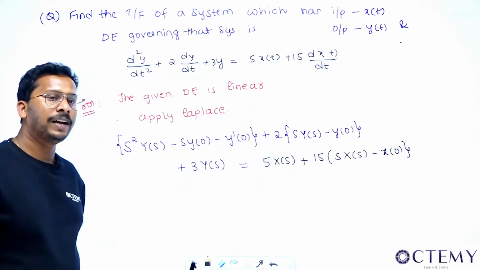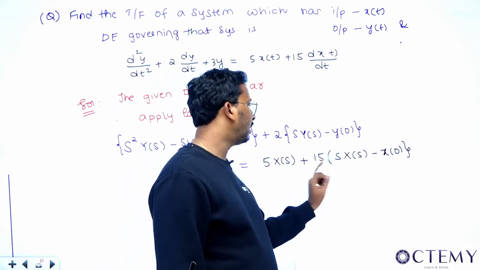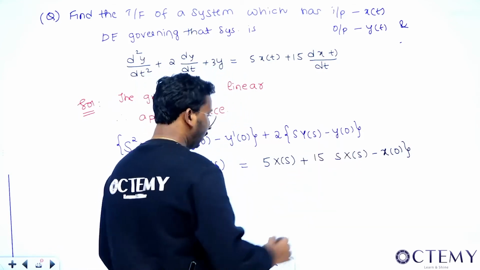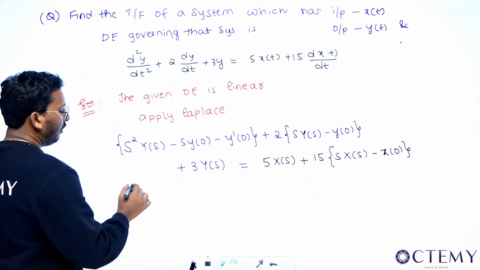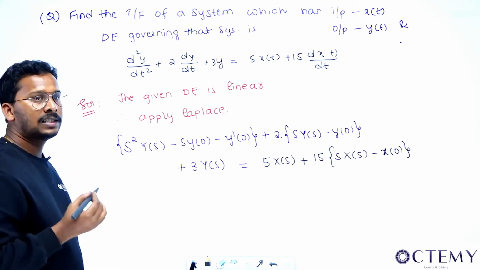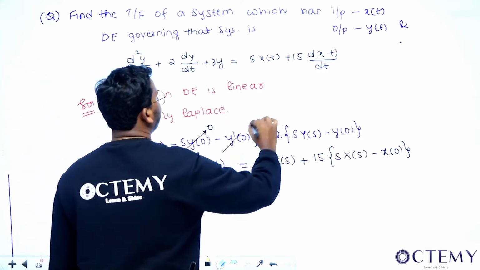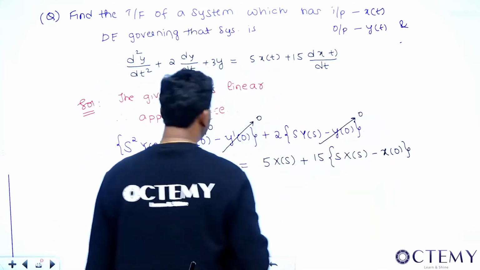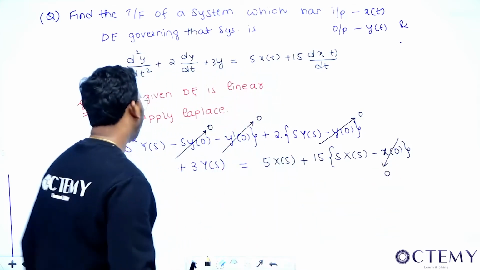But whenever we are finding the transfer function, what do we do, sir? Whenever we are trying to find the transfer function, we will make the initial conditions equal to 0. Therefore, while finding the transfer function, the initial conditions are put to be 0. So this is the initial condition, this will become 0, this will become 0. You will ignore the initial conditions. Similarly, this will also become 0. Now see how it will look.